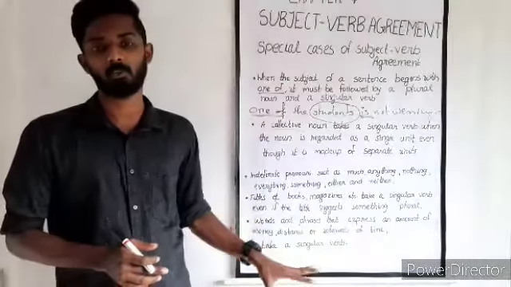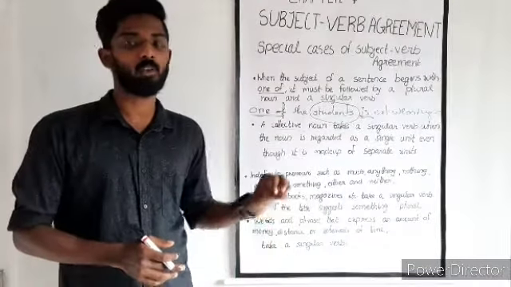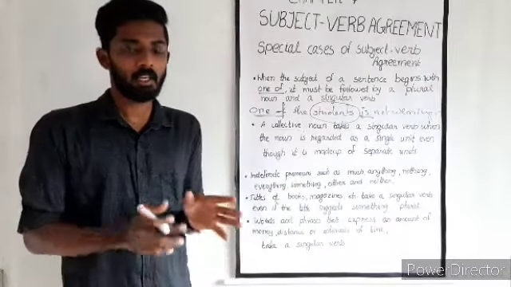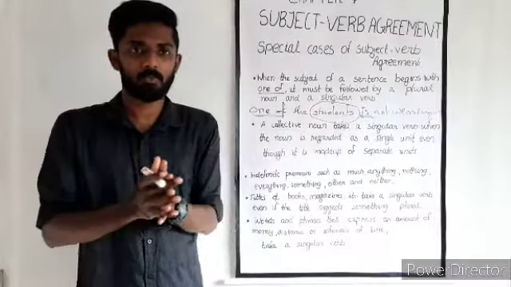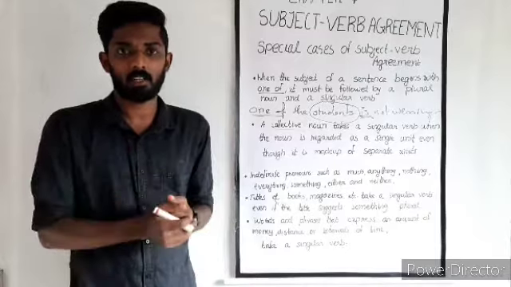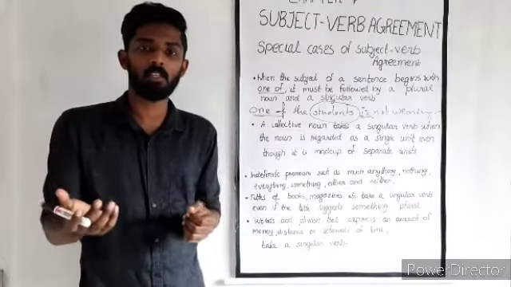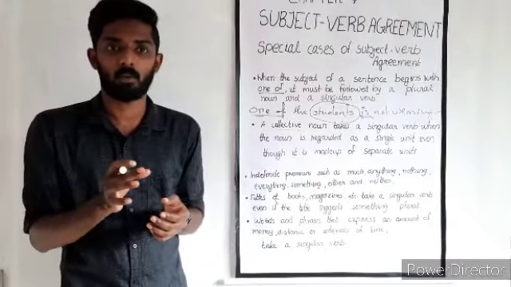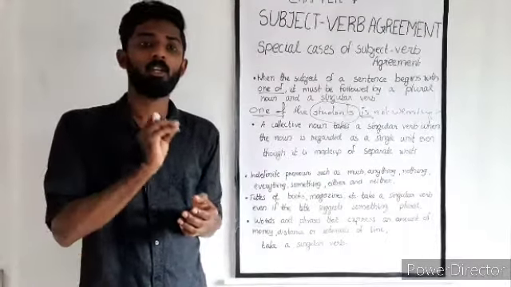In all those cases we will use a singular verb form in the sentence. And for your understanding, when the subject of a sentence contains the phrase many a, it must be followed by a singular noun and a singular verb.